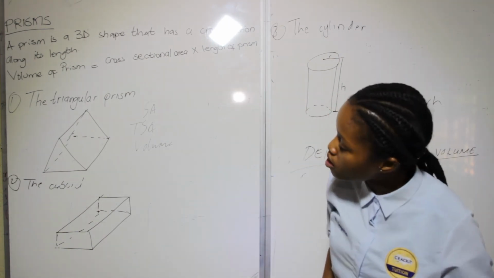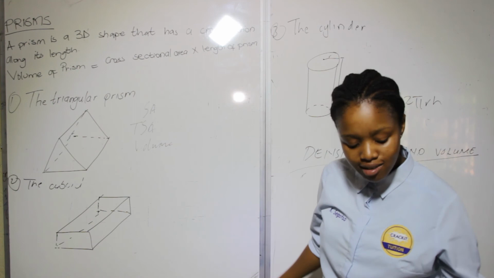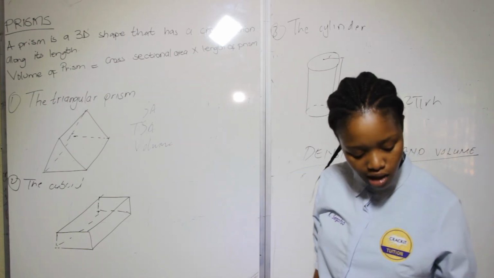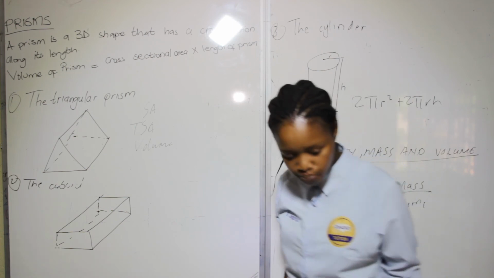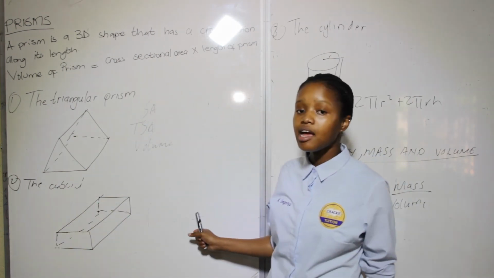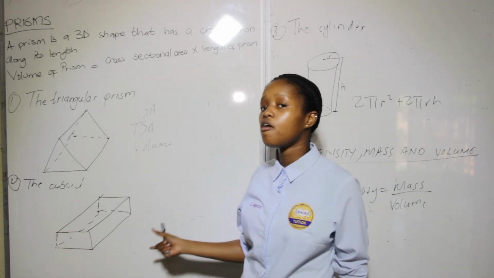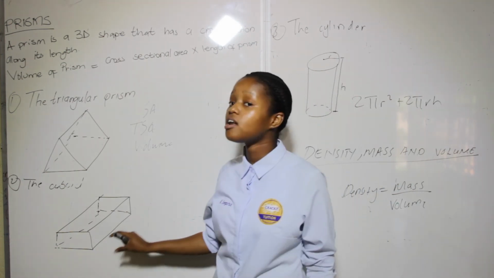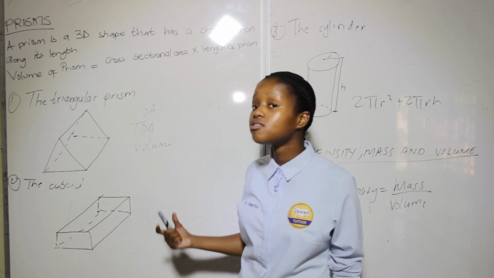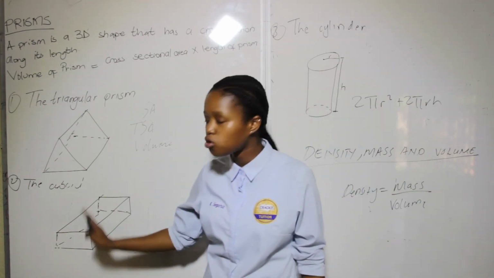So, when we go to the cuboid, the same questions are also asked. The surface area of a cross-section is going to be the area of that rectangle because it's made up of a rectangle. The total surface area is adding all those rectangles.